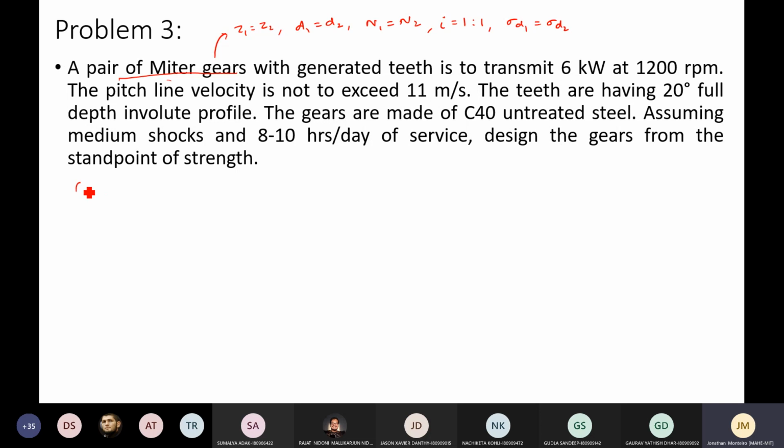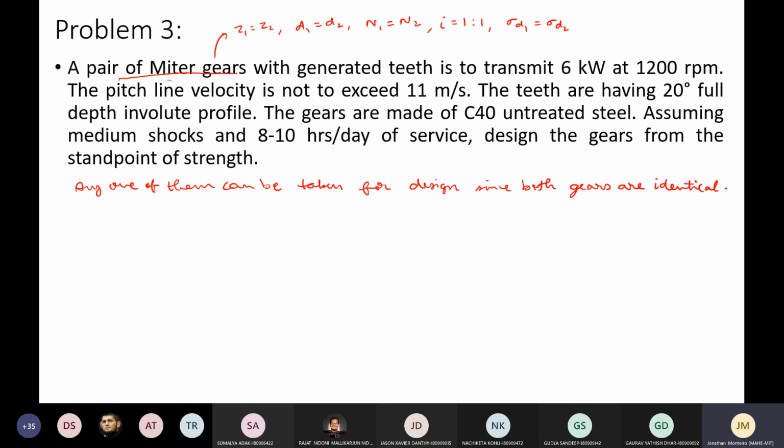So you can say any one of them can be taken for design, since both gears are identical. So this is one property that you can use.